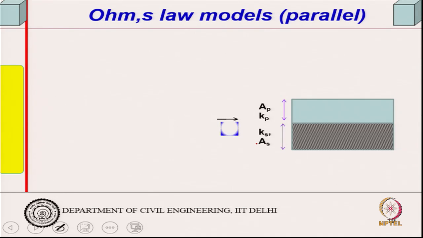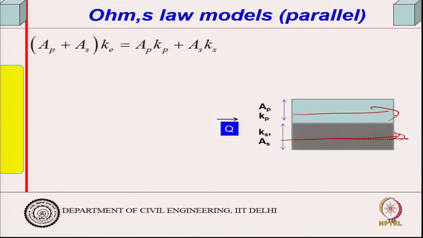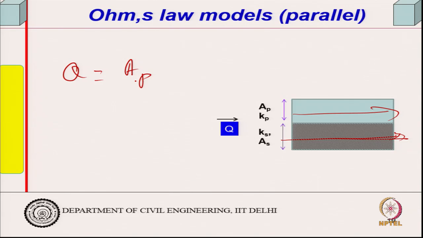In the parallel model, I have got the area of the solid and the area of the pores. So, the Q should be divided into two parts. Some heat will pass through this, some heat will pass through this. So, the total Q, let me just write it, Q would be given by AP into Kp into the temperature difference.